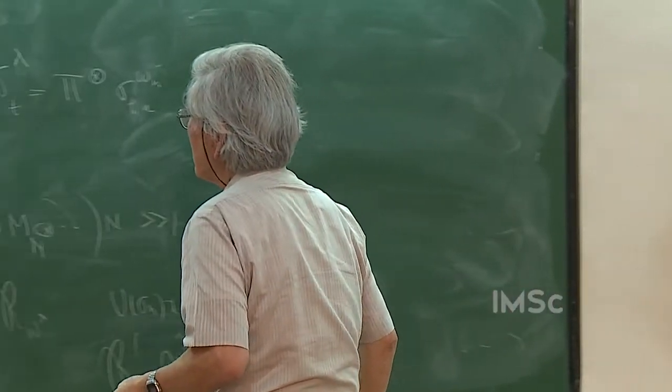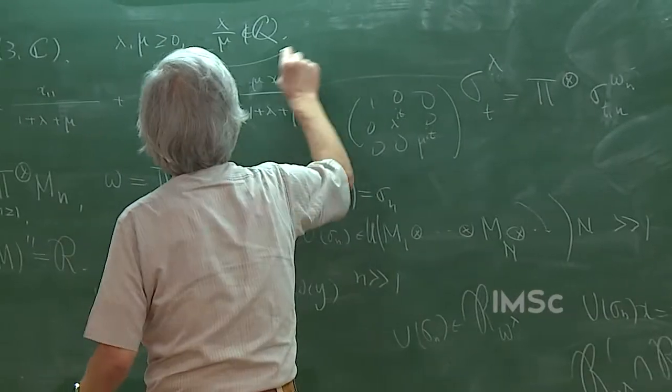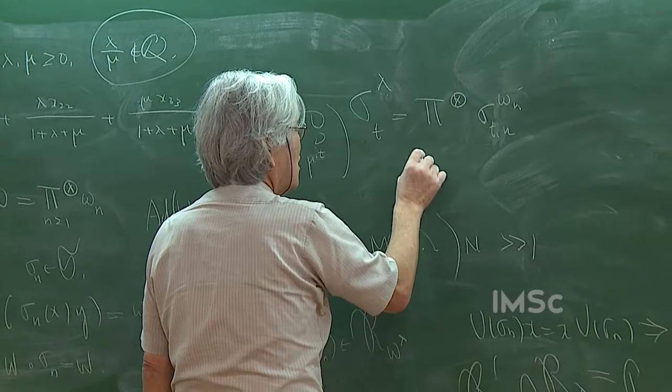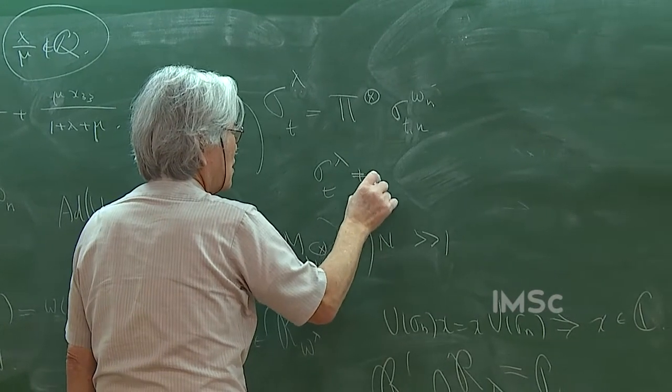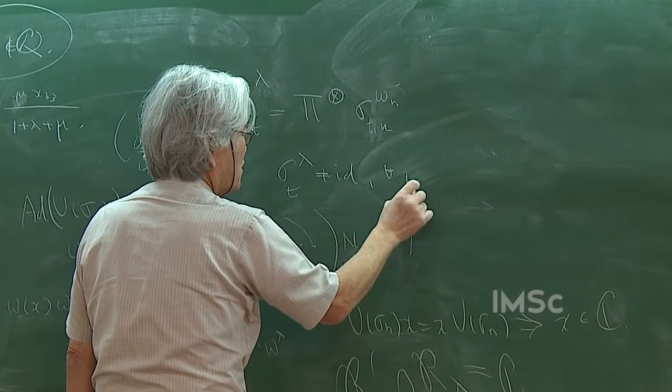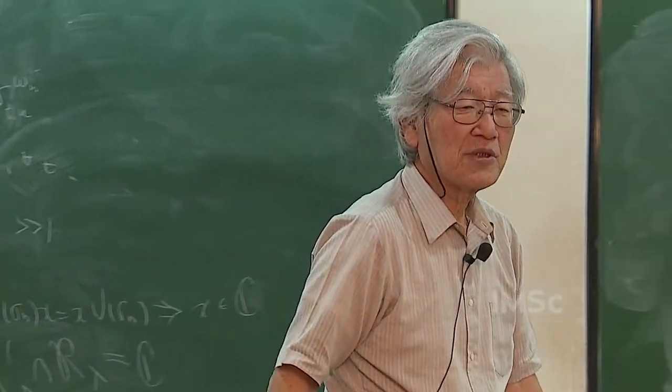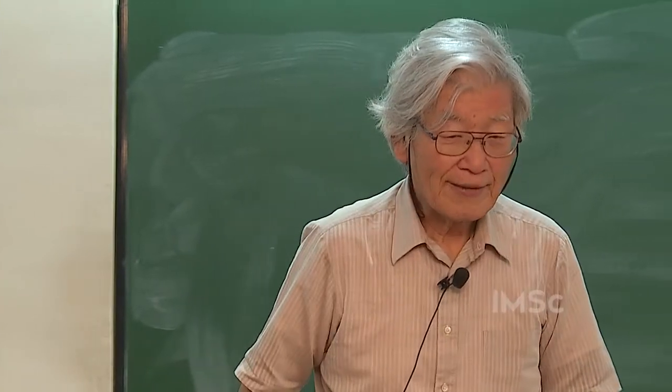Now, this choice tells you sigma_t^lambda is non-identity for all t, non-periodic. And the spectrum is the whole real line.